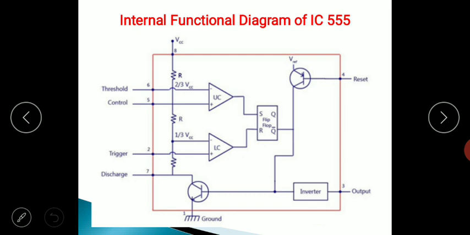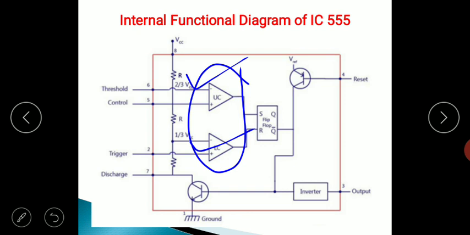Then there are 2 important comparators, and these comparators are constructed using op-amps. One comparator, the lower comparator, will compare the voltage with 1/3 of VCC, and the upper comparator will compare the voltage with 2/3 of VCC.